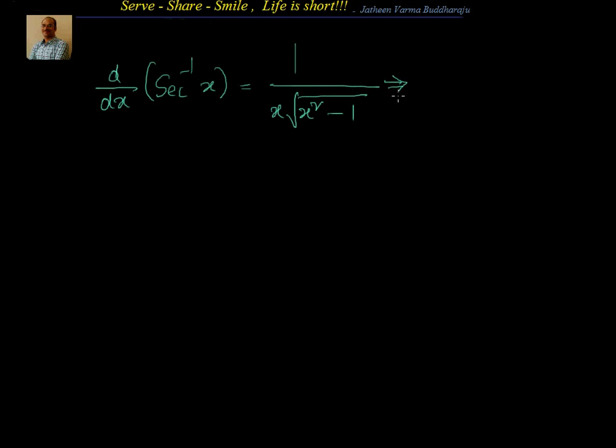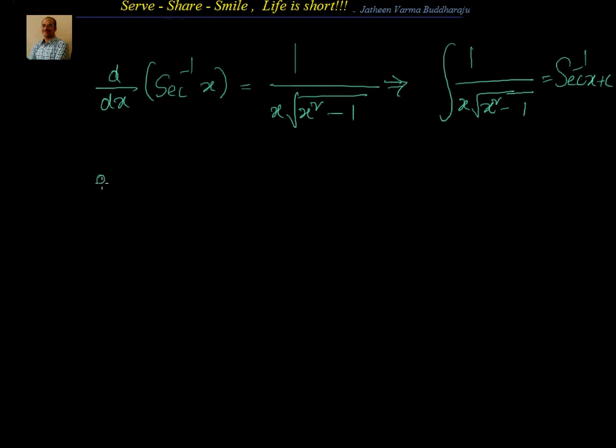Similarly, we have d by dx of secant inverse x is equal to 1 by x into root of x square minus 1. So we can write integral of 1 by x into root of x square minus 1 equal to secant inverse x plus c.